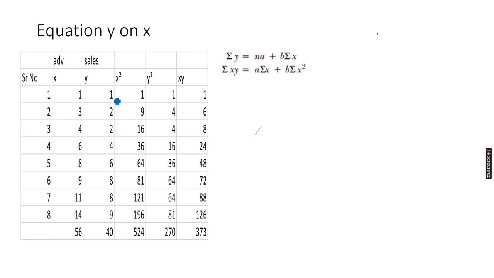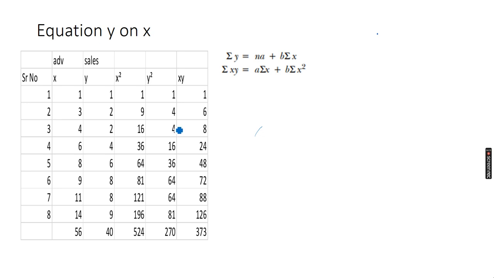Similarly, y, 1 square is 1, 2 square is 4. So I do this for all the 8 observations, and my sum total is given at the bottom of the table. And finally, I have something called as xy. In xy, I calculate the product of x into y. So 1 into 1 is 1, 3 into 2 is 6, 4 into 2 is 8. I hope this was easy. So please make your table.